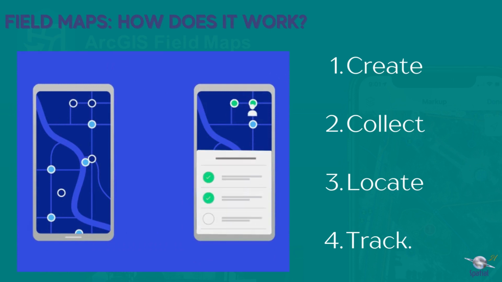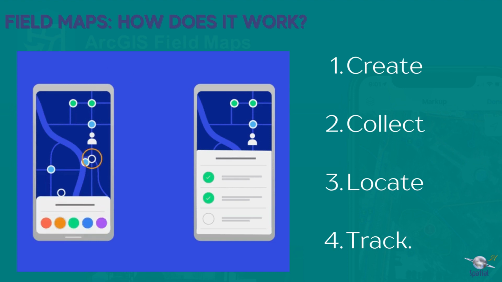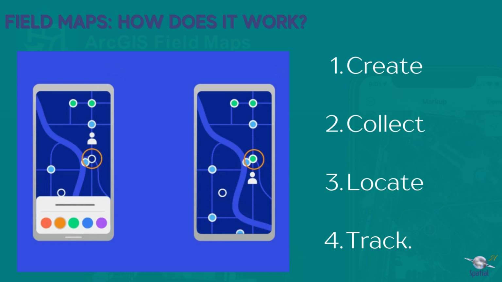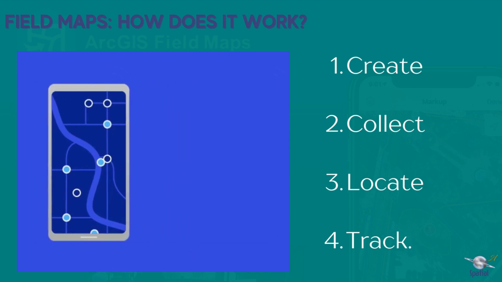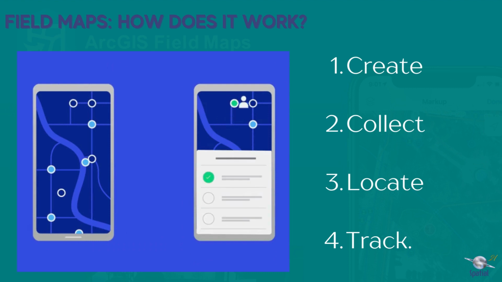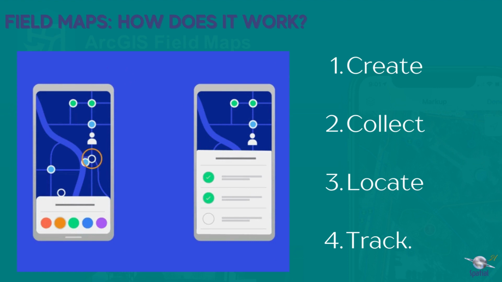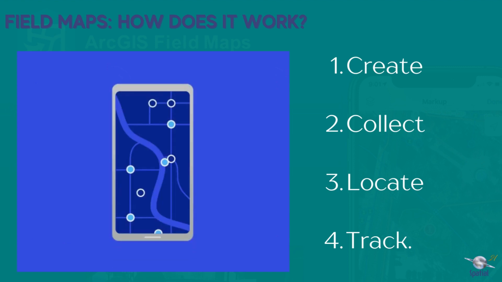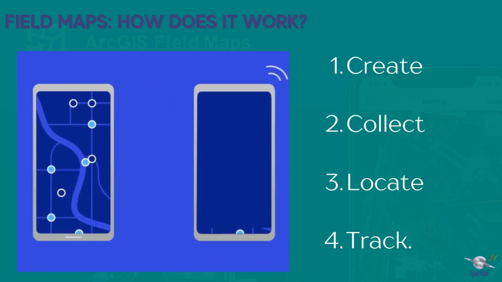ArcGIS Field Maps supports four major processes. Firstly, the creation of field-ready web maps. Web maps can be configured to support field workflows. These can be created in the Field Maps app, in Survey123, the ArcGIS Online Map Viewer, or in ArcGIS Pro.